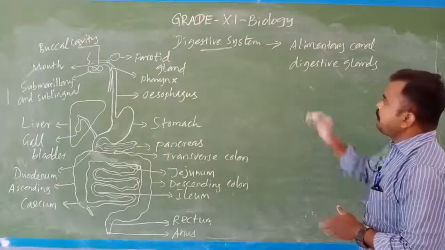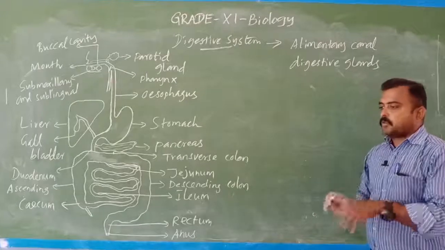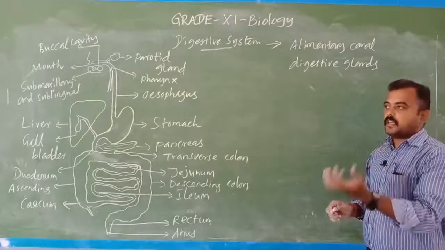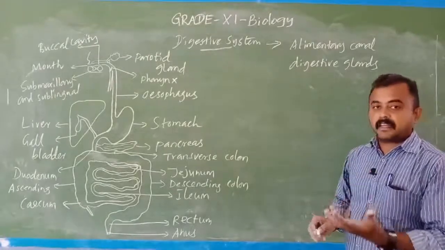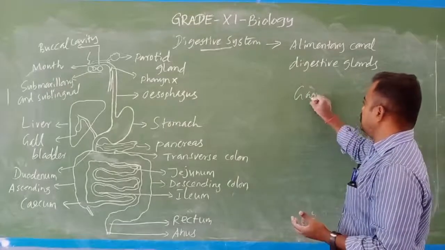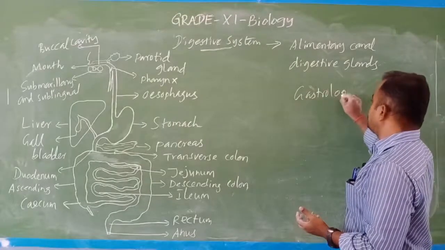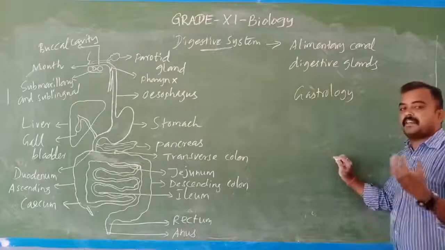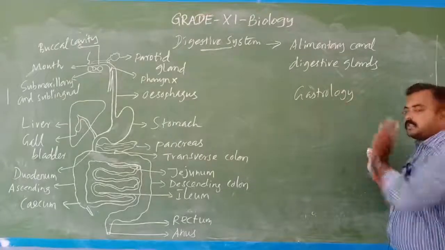Here you see the digestive system. Those who want to study the stomach can study gastrology. The science that deals with the stomach and its diseases is known as gastrology.